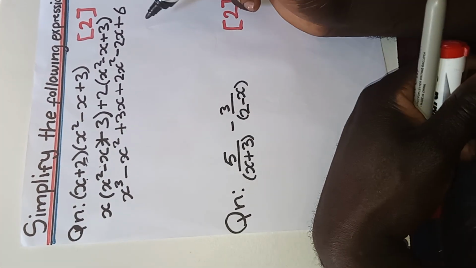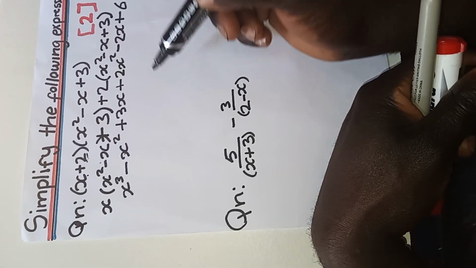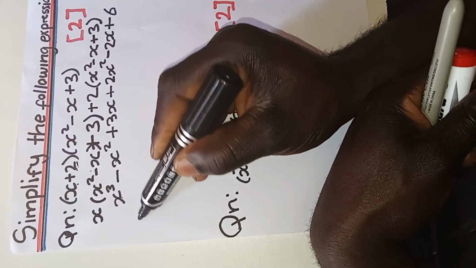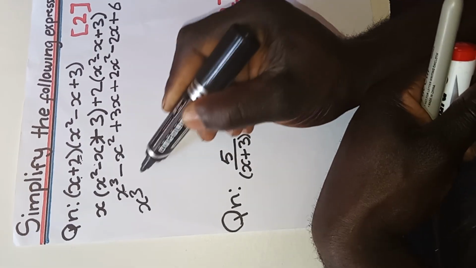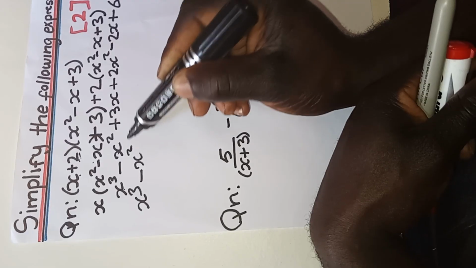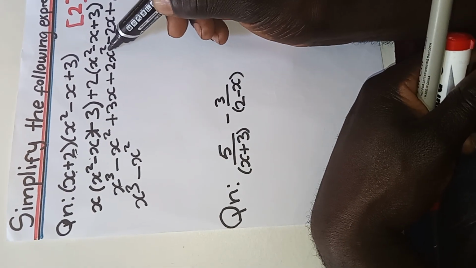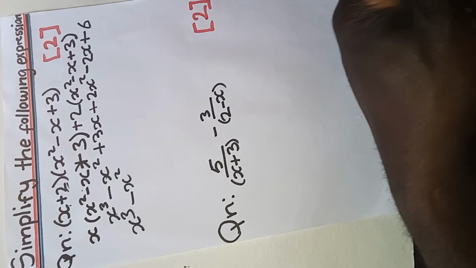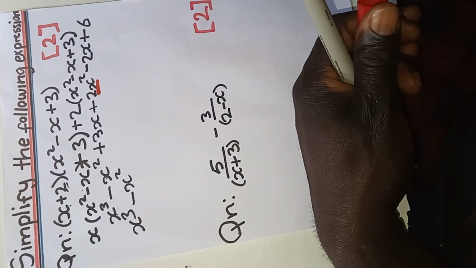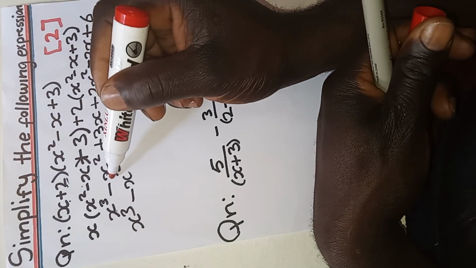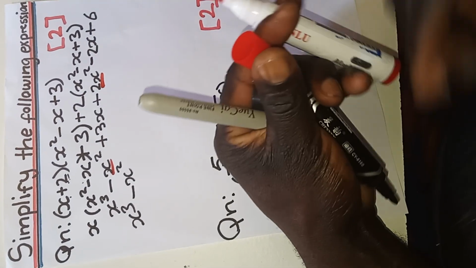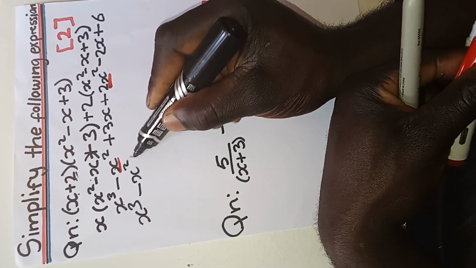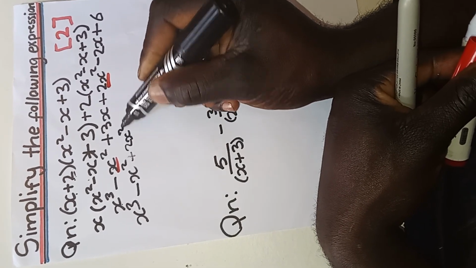We group like terms together. Do we have any part to the power of 3? We only have this part, which is x³. Then −x². Do we have any other part raised to the power of 2? Yes, this 2x² here. Let me use another color to highlight that. We must bring them together to write −x² + 2x².